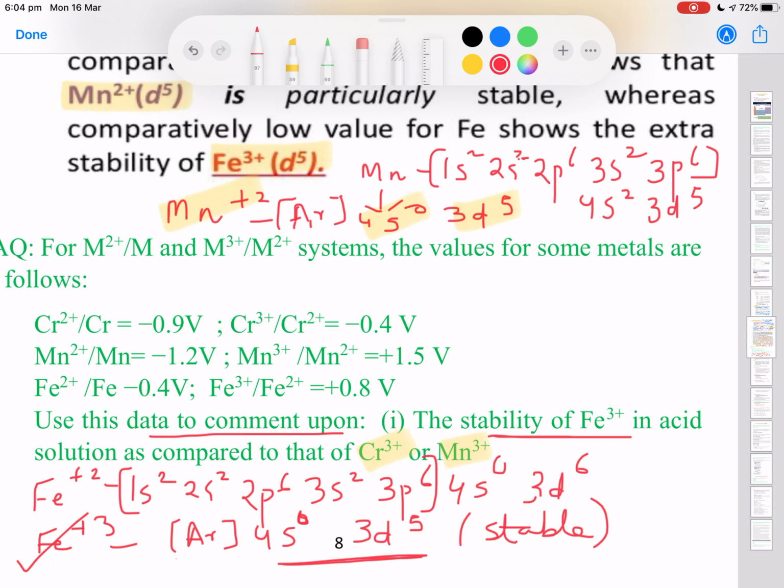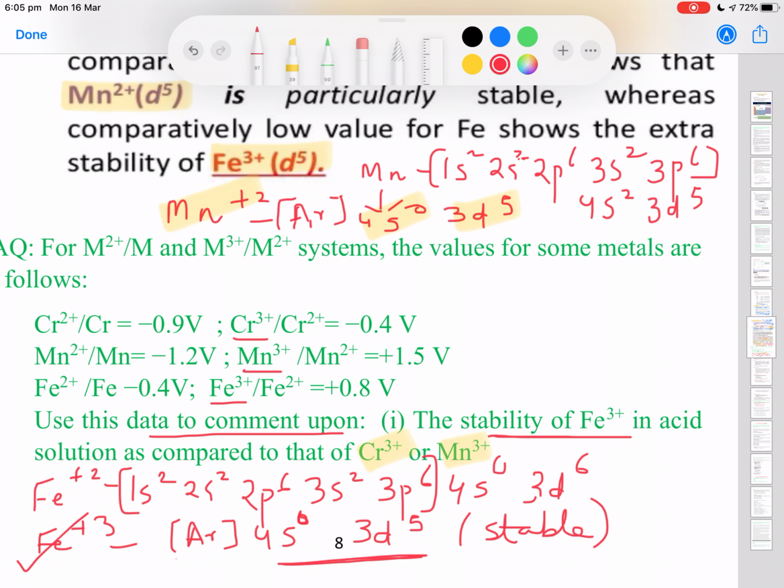It is obviously decided on the basis of electrode potentials we have already discussed. And all these electrode potentials are given to you in volts. Now listen here, we have to pick chromium 3 plus, manganese 3 plus and Fe plus 3 state. Can you understand from their electrode potential?